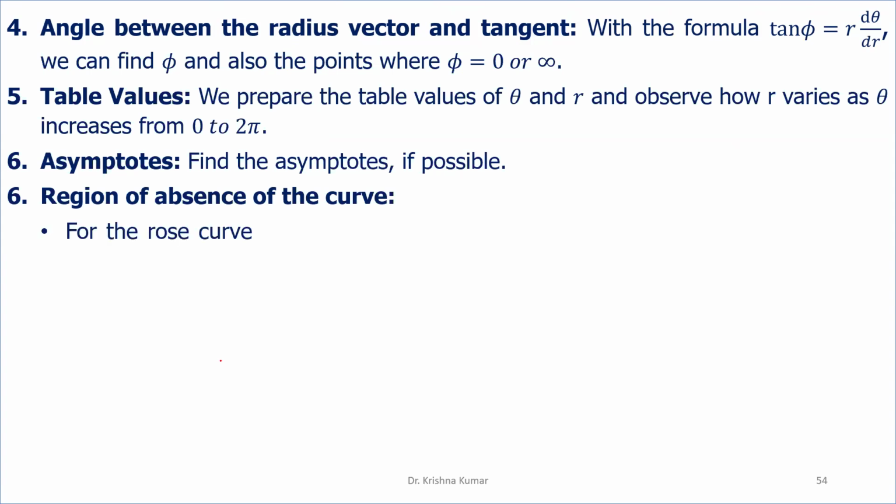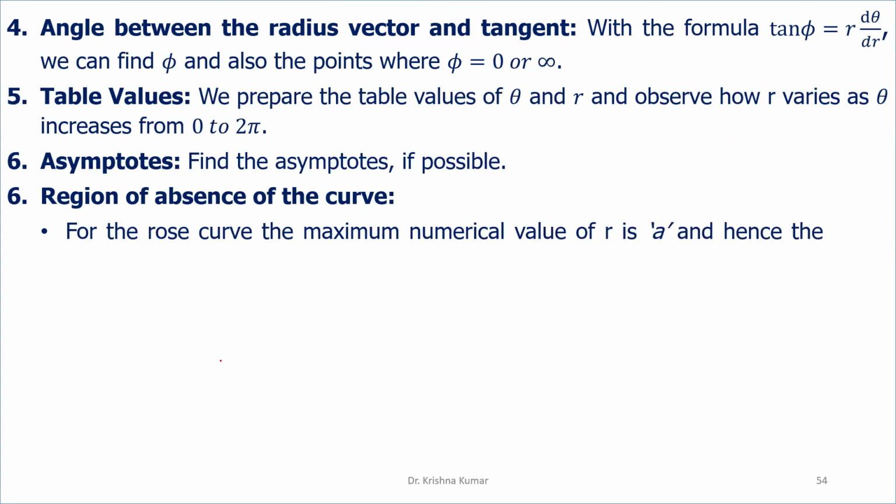Regarding the extent of the curve: for the rose curve, the maximum numerical value of r is a, and hence the entire curve will lie within a circle of radius a.